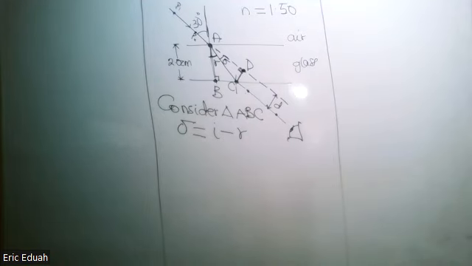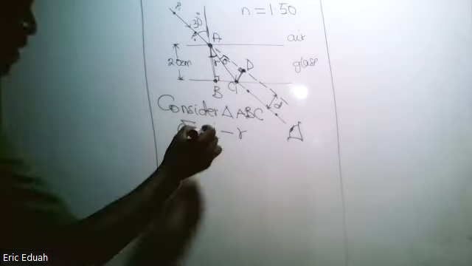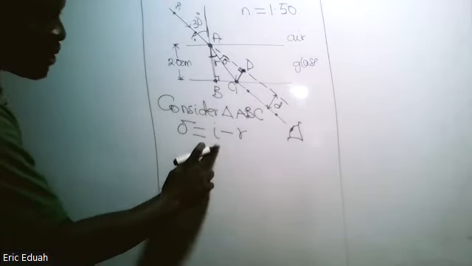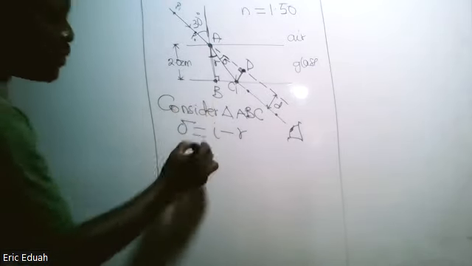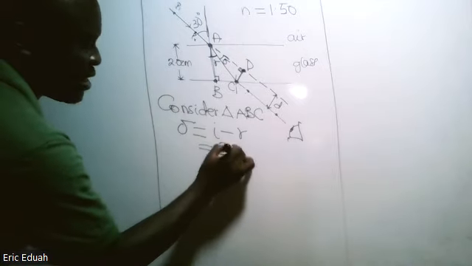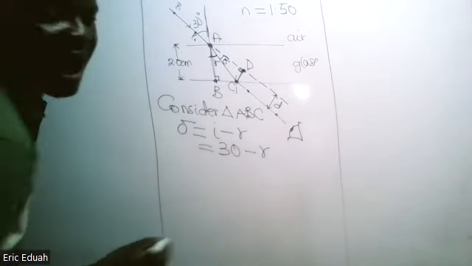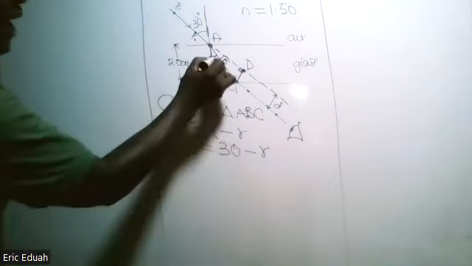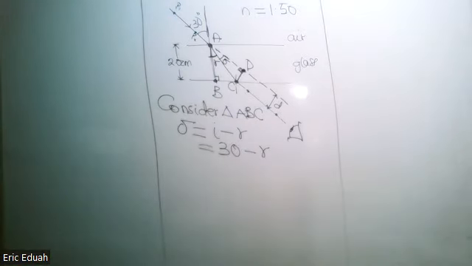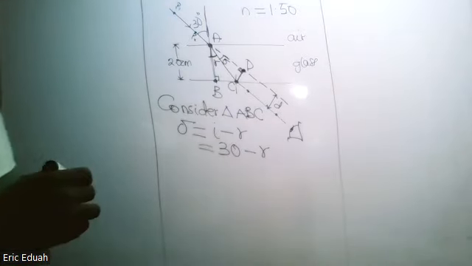Meaning the angle of deviation can be determined when you subtract R from I. I we know is 30, but we don't know R to find the deviation. Is that okay?